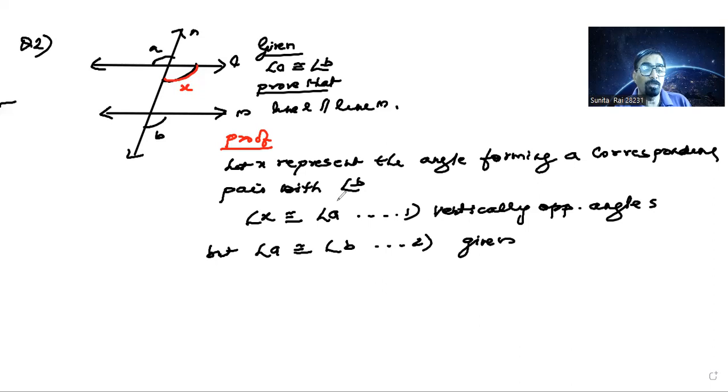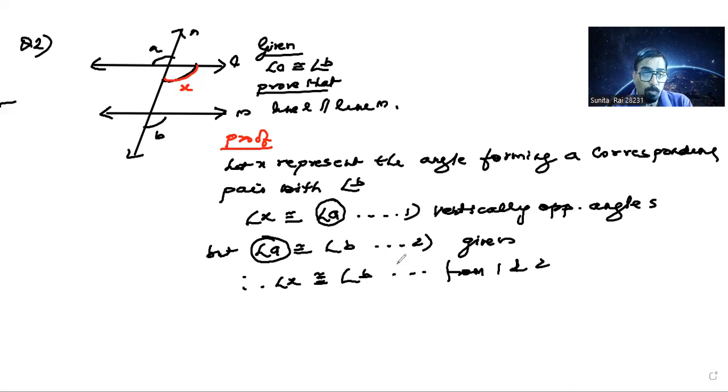The same X is congruent to A, and the same A is congruent to B. So can I say, therefore, X is congruent to B, from 1 and 2? Therefore corresponding angles are congruent.